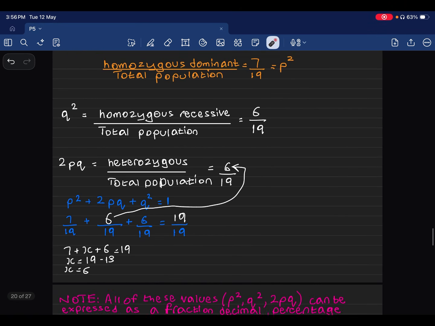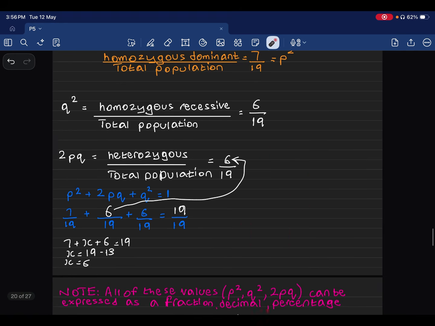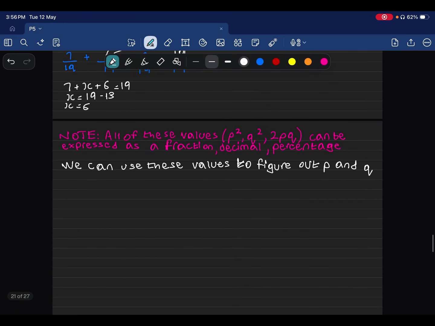And how is that? Pretty simple. You know what P squared is. P squared is 7 over 19. So if I ask you to find P, then you just take the square to the other side. So square root of 7 over 19. Same case for Q squared. If this Q squared is 6 over 19, then Q is just going to be square root of 6 over 19. But then here's the interesting part.